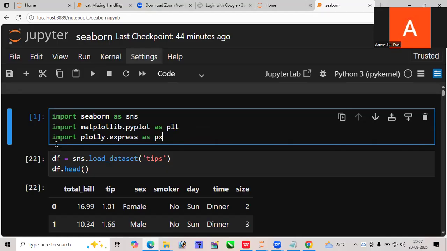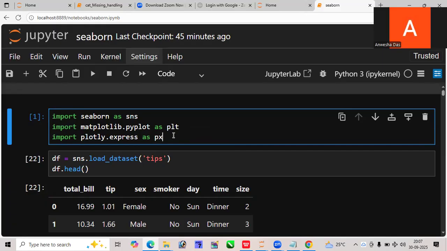Now we are going to discuss the Seaborn library. This is the data visualization library that is available in Python. First, I have imported the Seaborn library. After that, I have imported another important library for data visualization, that is matplotlib.